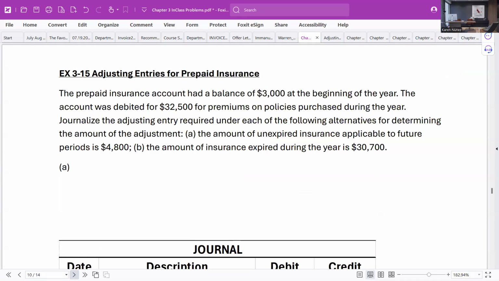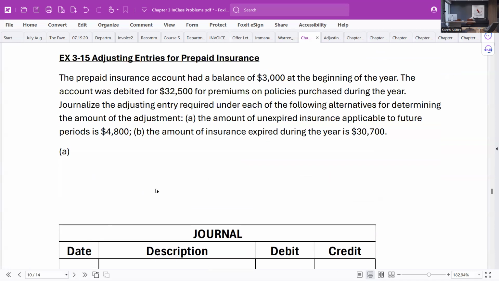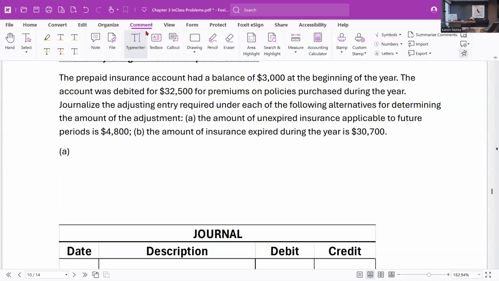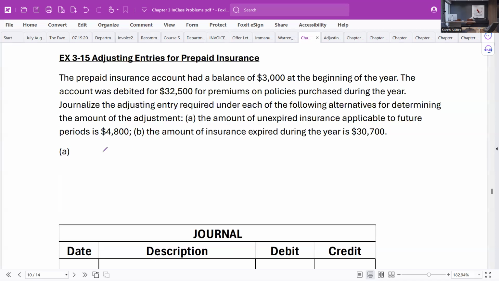Now, let's take another look at insurance, exercise 315. To reemphasize that, we've got a prepaid insurance account that has a balance at the beginning of the year of $3,000. And what we know in this case is that the account was debited for another $32,500. So let me see if I can summarize all of this in one T account so that we have everything in front of us that we need.